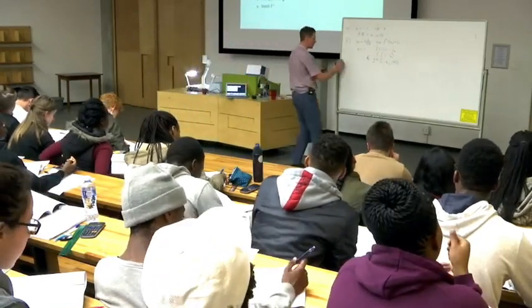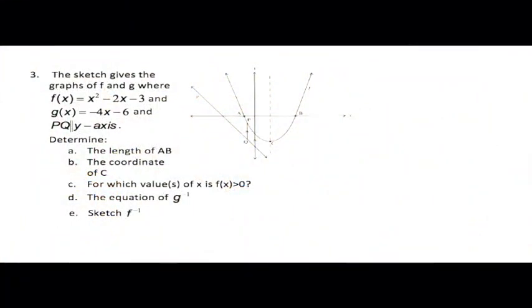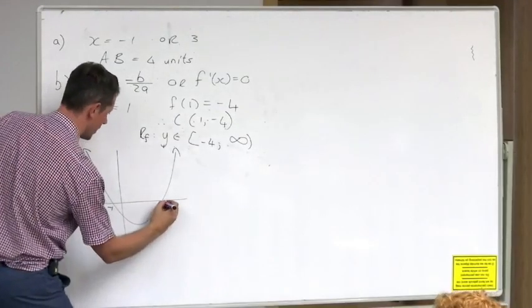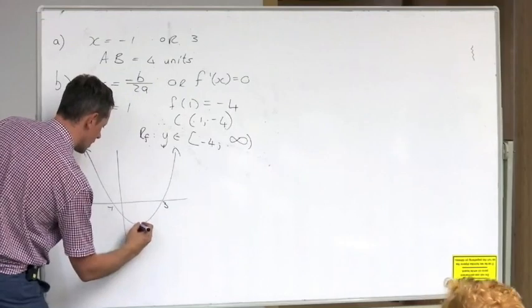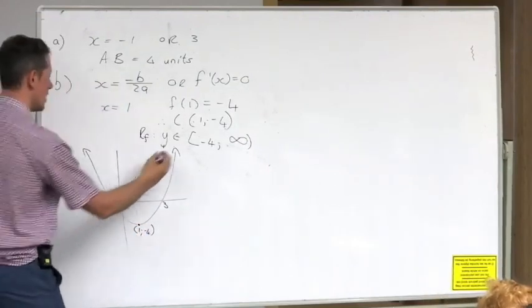Now when we get to the C part, I'm just quickly going to redraw f. So there's -1, there's 3, there's 1 and -4. There is f.